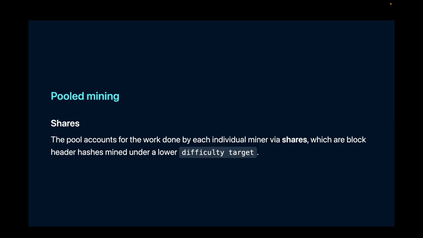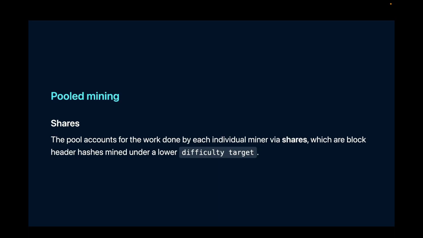And a share, the definition of a share is basically block header hashes that are mined under a lower difficulty target. So these hashes are valid under a lower difficulty target. They're still not valid for the entire Bitcoin network.